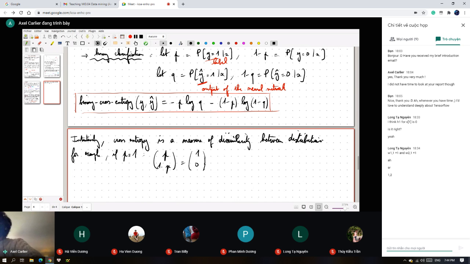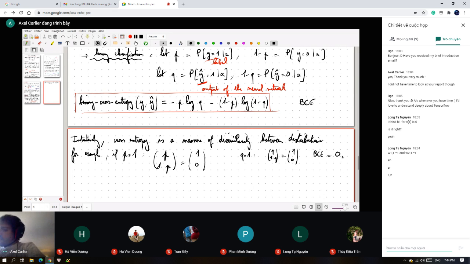Now, if we take Q equals 1, we have Q, 1 minus Q equals 1, 0. And the cross entropy of that, so binary cross entropy, I will call it BCE, in that case is equal to 0.